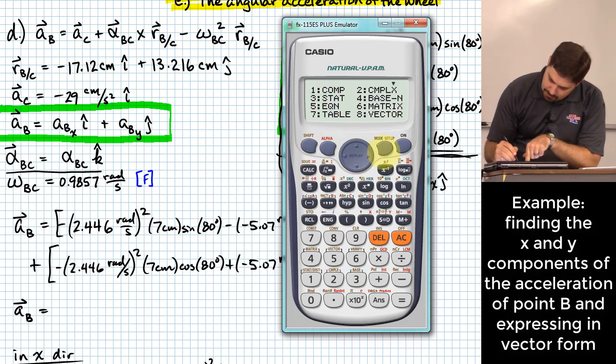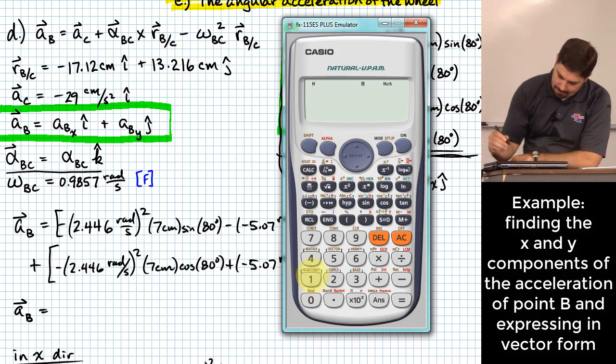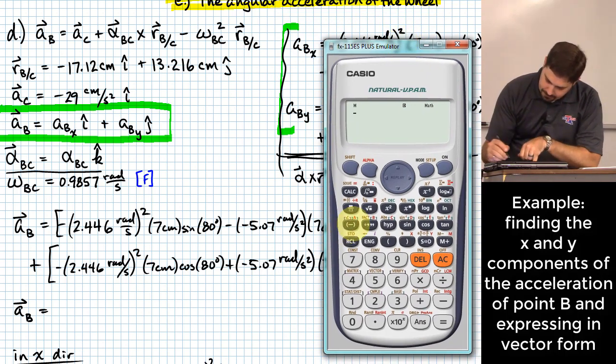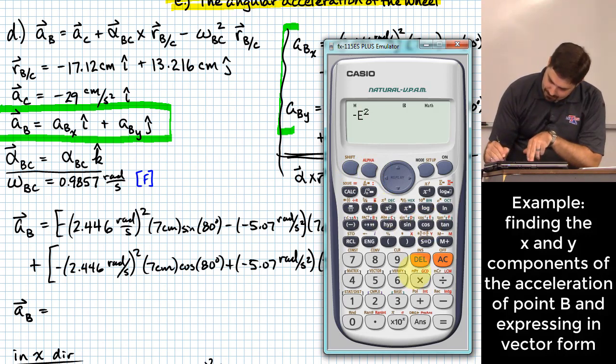Let's see, mode 1. So here I've got minus E squared times 7 times the sine of 80.